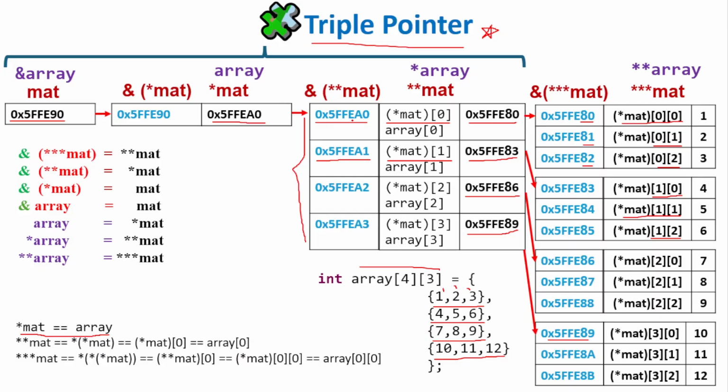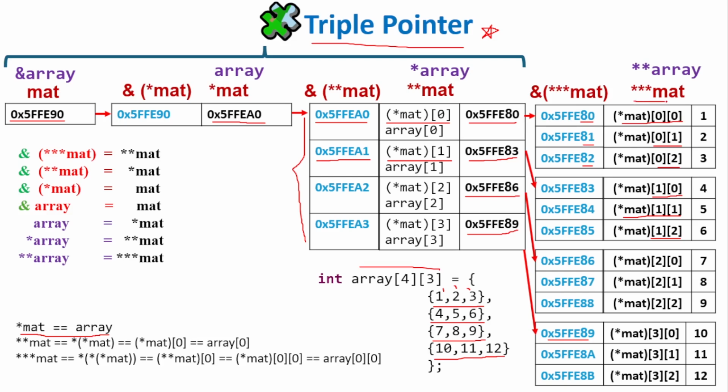This pointer now points to the actual elements of the 2D array. The contents pointed to by **mate represent the array elements themselves, which we denote as ***mate.